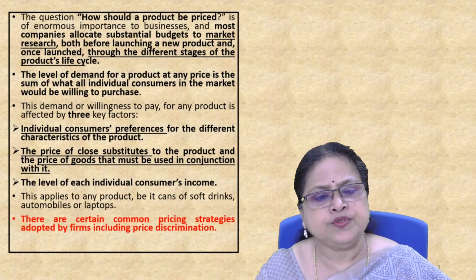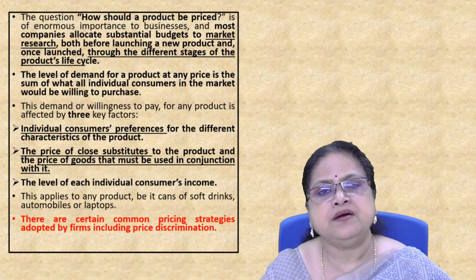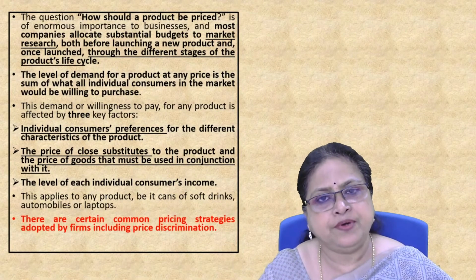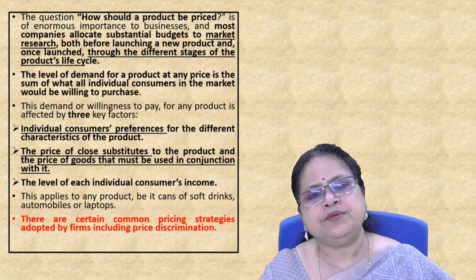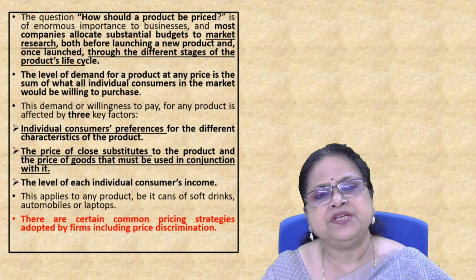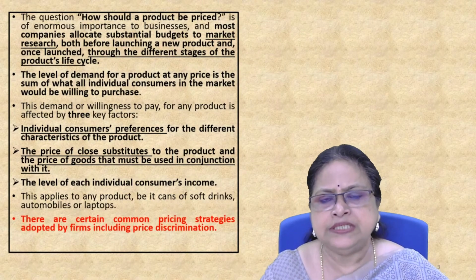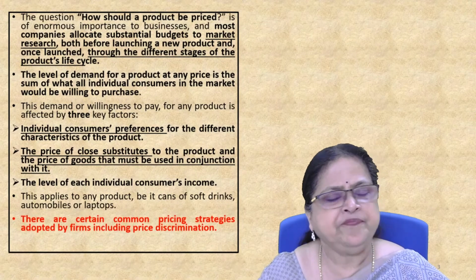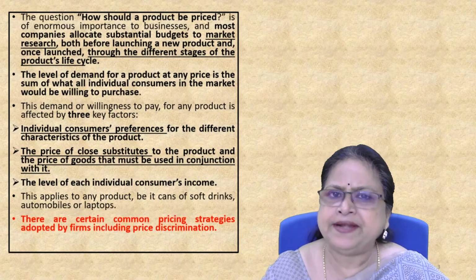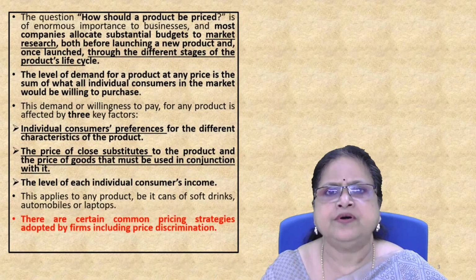Similarly, the price of close substitutes to the product and the price of goods that must be used in conjunction with it also matter. If substitute goods are available at a lower price, then the consumer may shift from that particular product. Suppose you are buying a laptop, for that you need batteries, so you have to buy batteries, suppose 10 batteries or 6 batteries.